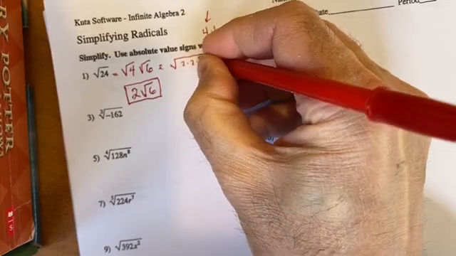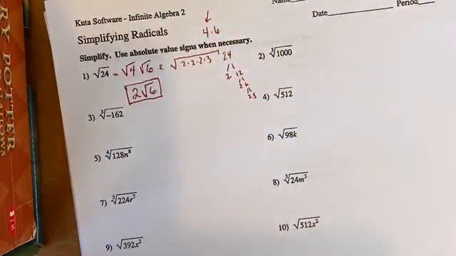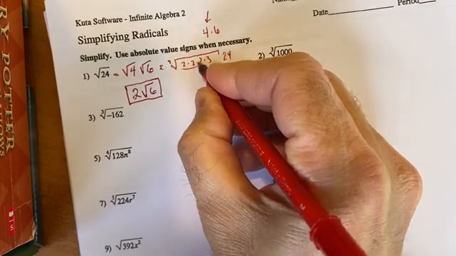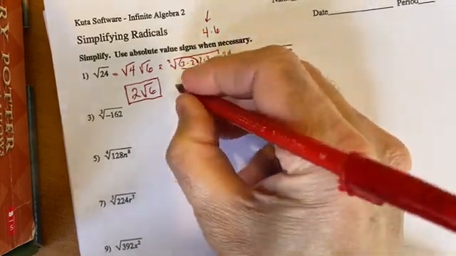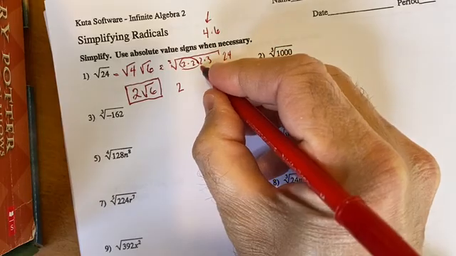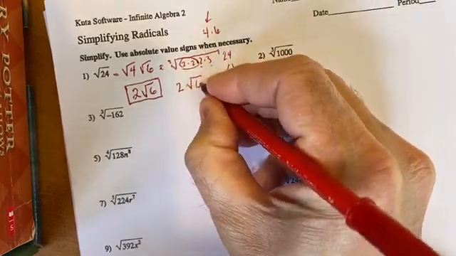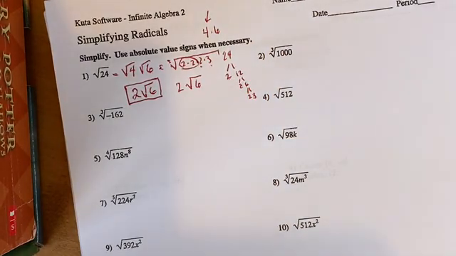And then, since it's a second root, for every 2 things that are the same, 1 comes out. Since there's only 1 2 and only 1 3, you have to leave the 2 times 3 inside the square root. Okay, hopefully that helps.